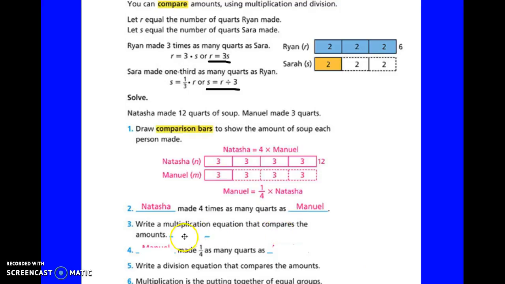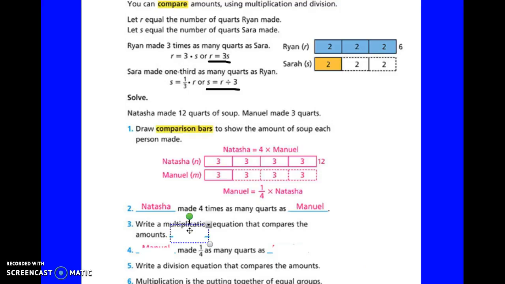I could say that Natasha's is equal to 4 times Manuel's, right? If I take 3 times 4, 1, 2, 3, 4 times, I'm going to get the 12 quarts that Natasha has.